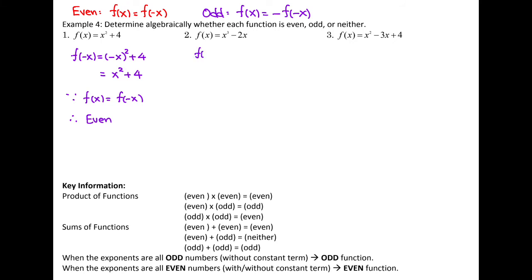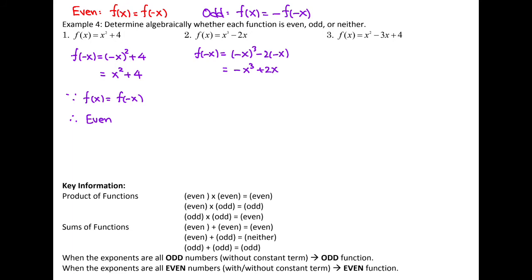Question 2. Once again, we find f(-x) first, and we are going to expand and simplify it to be -x cubed plus 2x. As you can see, f(x) and f(-x) right now, they are not the same thing.